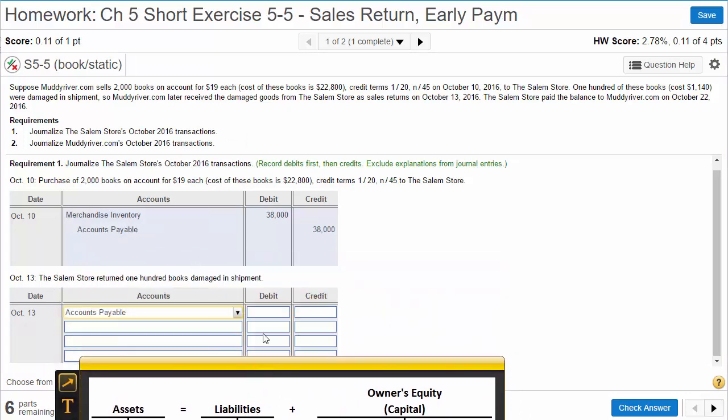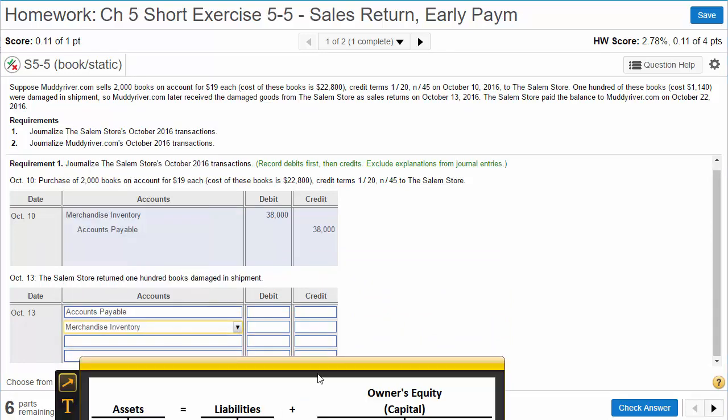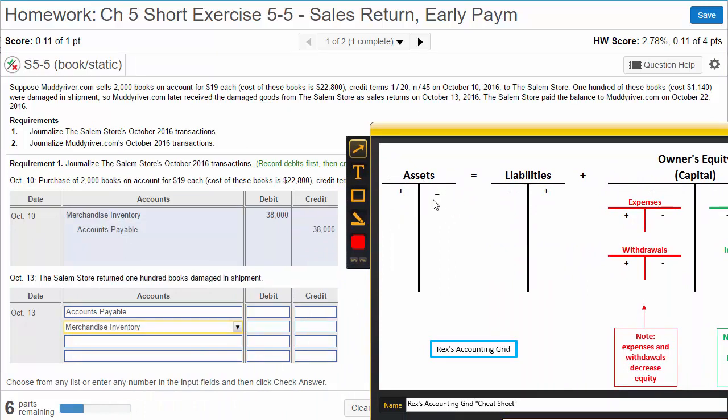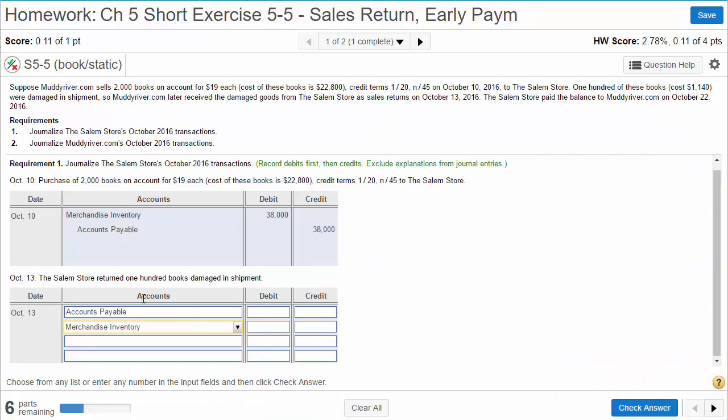And our inventory is also going to be going down. And it will go down with a credit. Why is it going down? Well, we're returning some books. All right, so how many books did we return? 100 books, and they cost us $19 each, according to this up here. So that's $1,900 return.